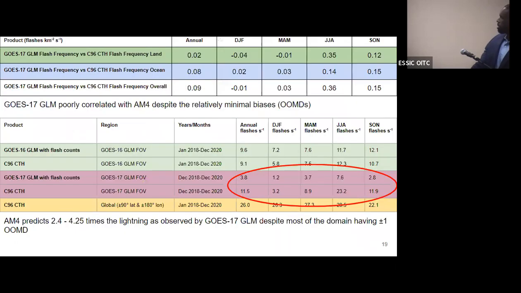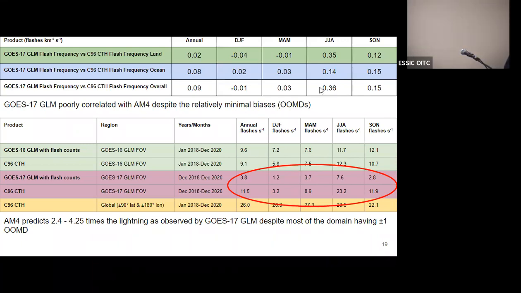But unfortunately, despite those minimal order of magnitude differences, the correlations between GLM and the cloud top height are fairly low or fairly poor.